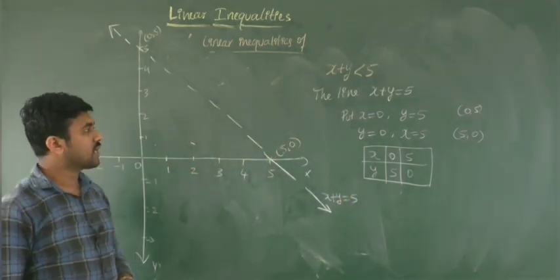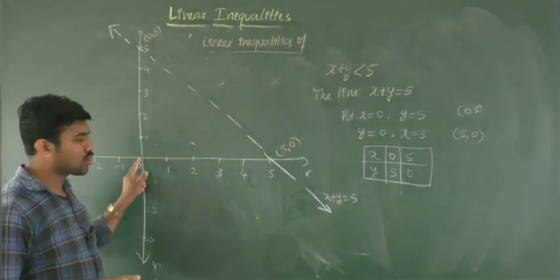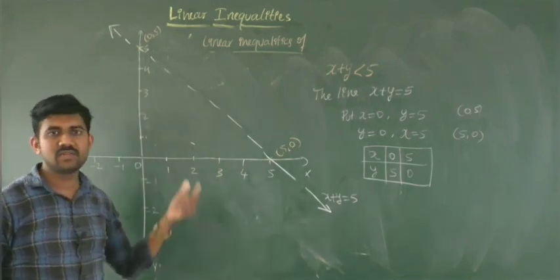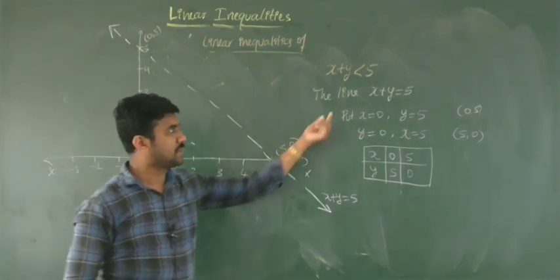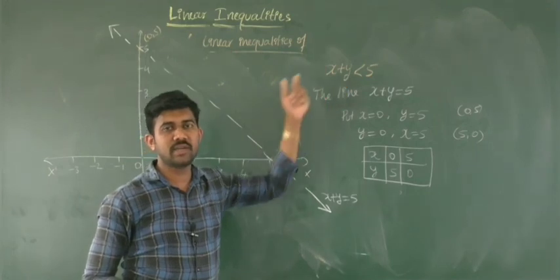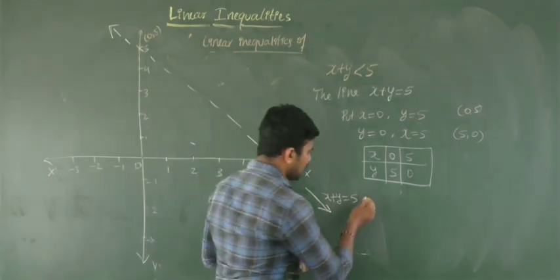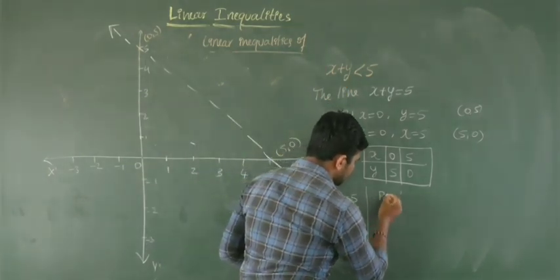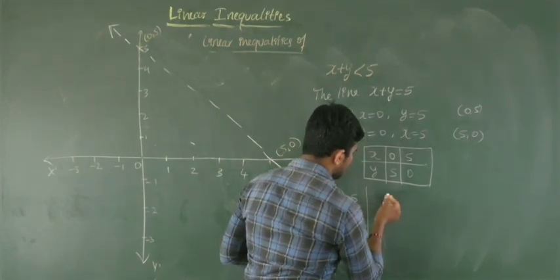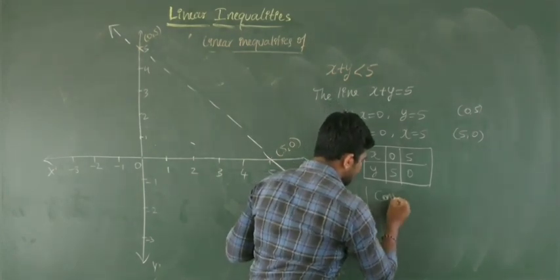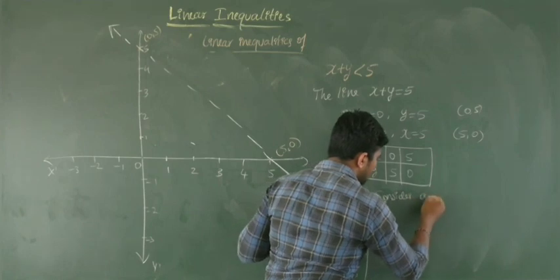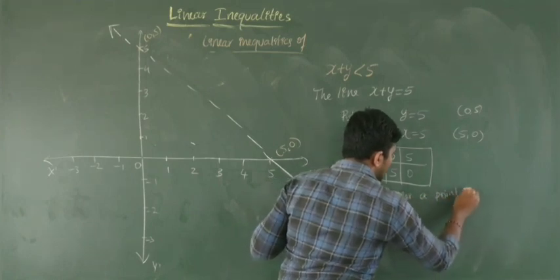Understand? Okay, after that, here 0, 0 does not lie on the line, so we can consider this point and substitute the coordinates of that point in the given inequality. Okay, so you can observe here, consider a point 0, 0.